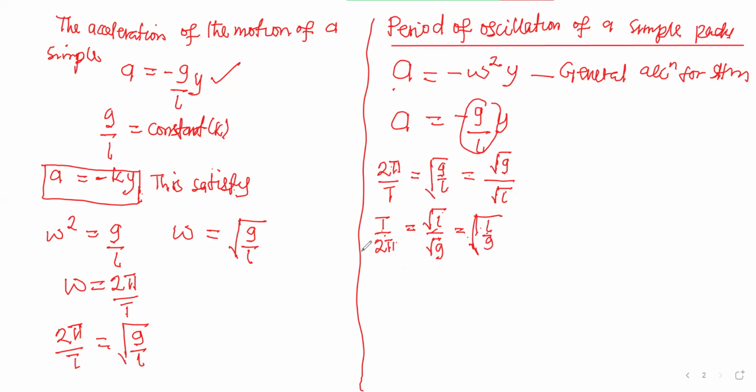Then once I'm looking for T, I multiply by 2 pi to eliminate that. So I have T is equal to 2 pi times the square root of L over g.